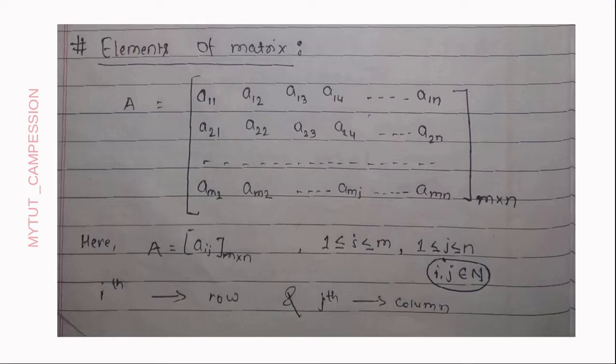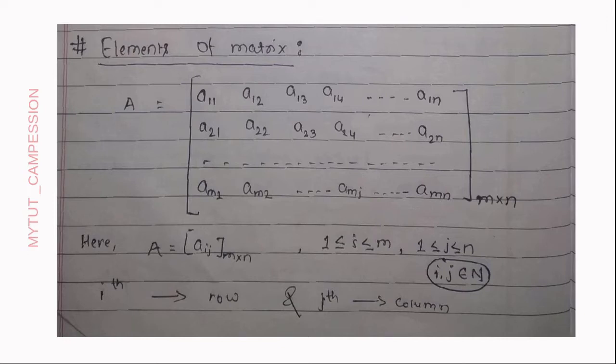Here a11 means the element in the first row and first column. a12 is the element in the first row and second column. a13 is the element in the first row and third column, and so on. a1n is the element in the first row and nth column. Similarly, in the second row: a21, a22, a23, a24, and so on up to a2n.